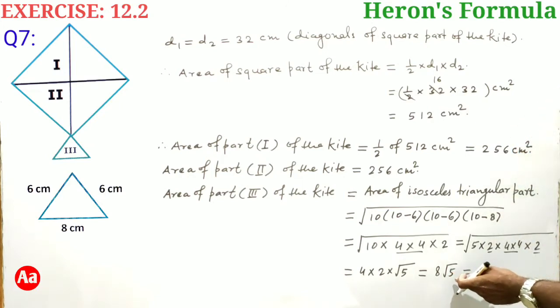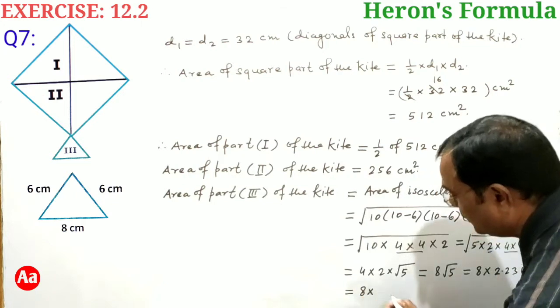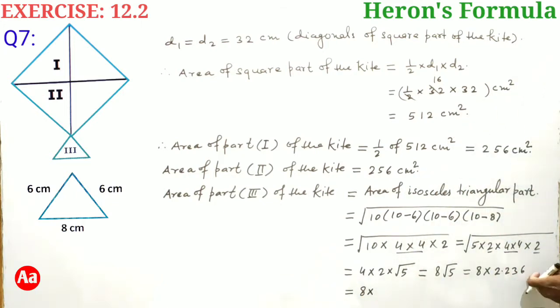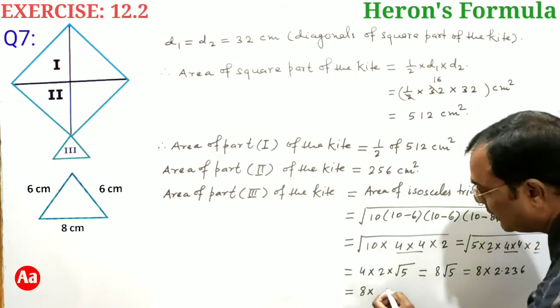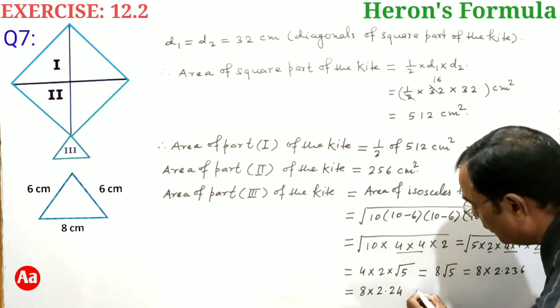Now let's put the value of under root 5 here. So you will get 8 into 2.236 up to 3 places of decimal, which is equal to 8 into, let's round 2.236 up to 2 places of decimal, it will be 2.24.